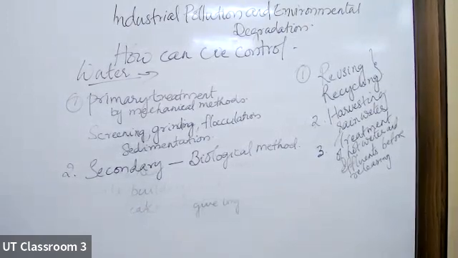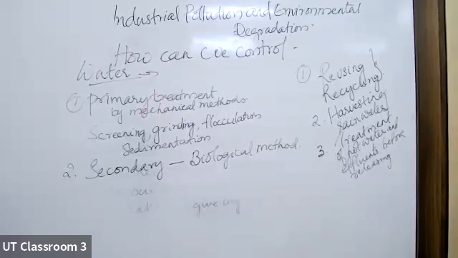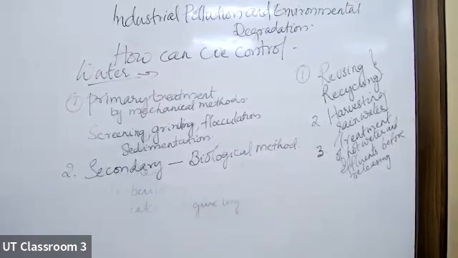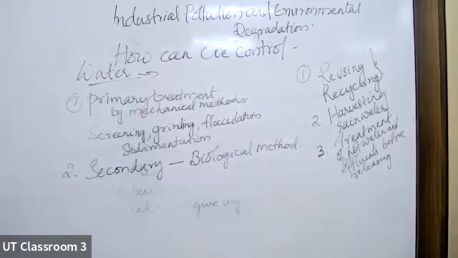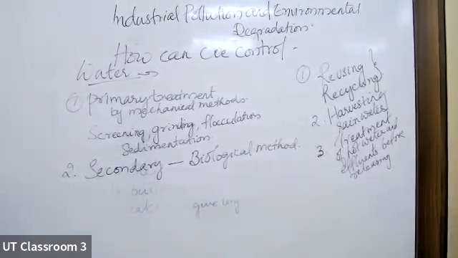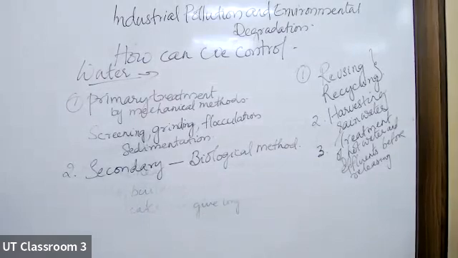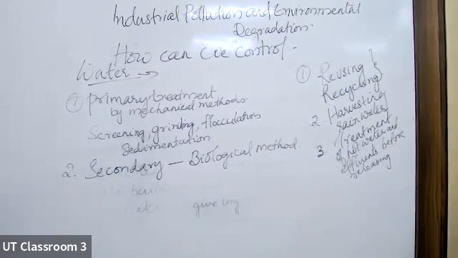Then providing a green belt, I have told you, trees and plants for nurturing ecological balance and addressing the question of special purpose vehicles for afforestation. Special vehicles designed for afforestation.